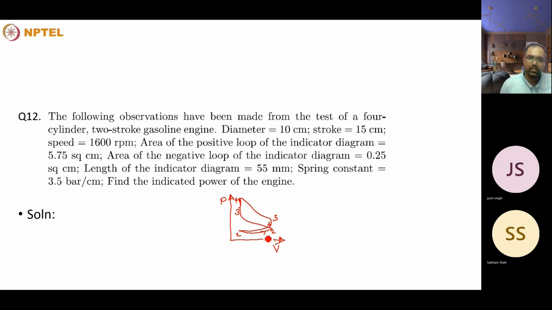So this is the positive loop, clockwise, and this is the anti-clockwise loop that is negative.